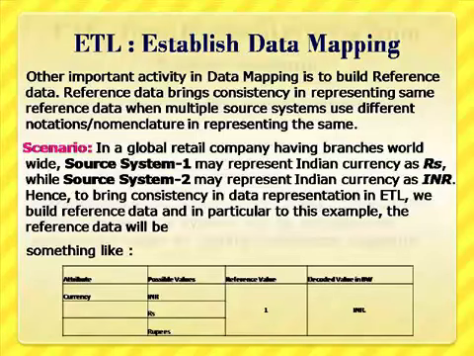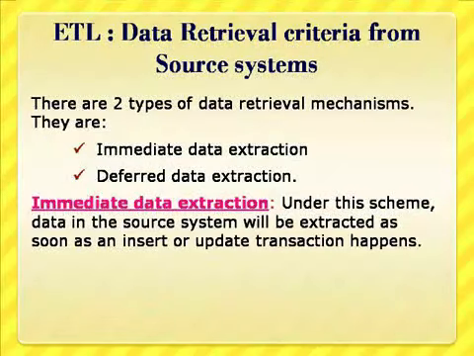Data retrieval criteria from source systems. This is another important activity of ETL. There are two types of data retrieval mechanisms. They are immediate data extraction and deferred data extraction.